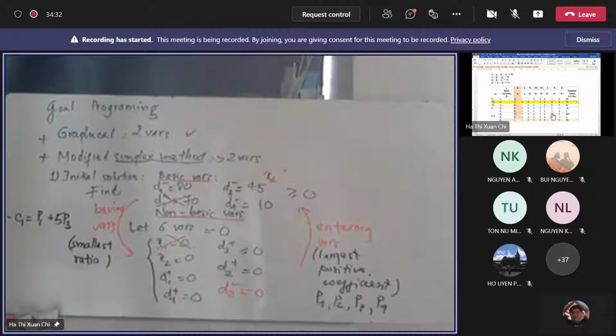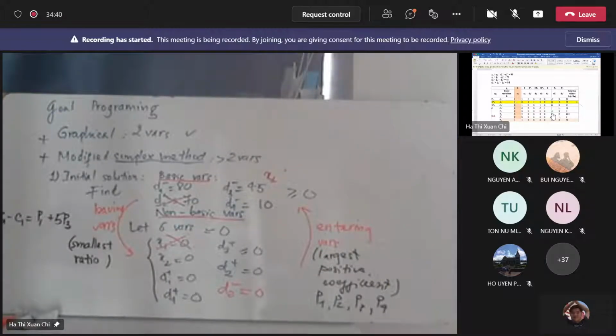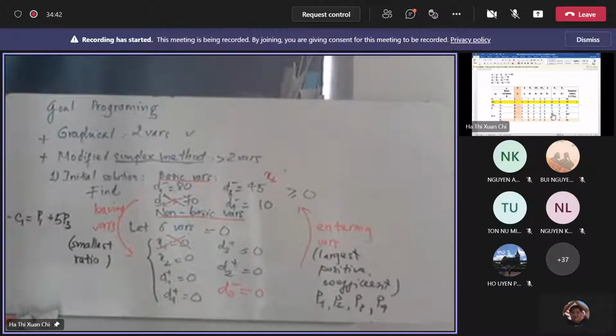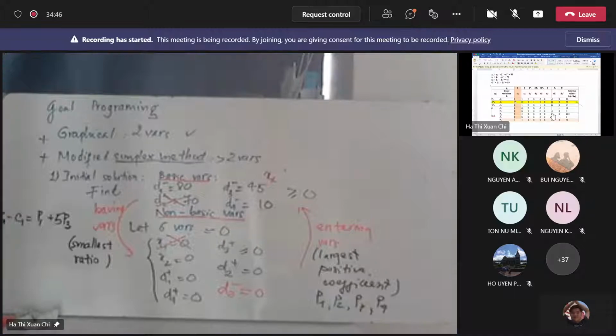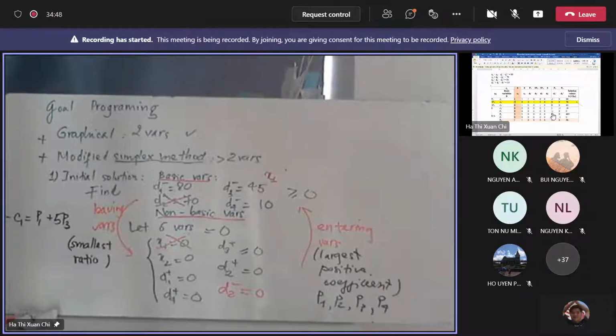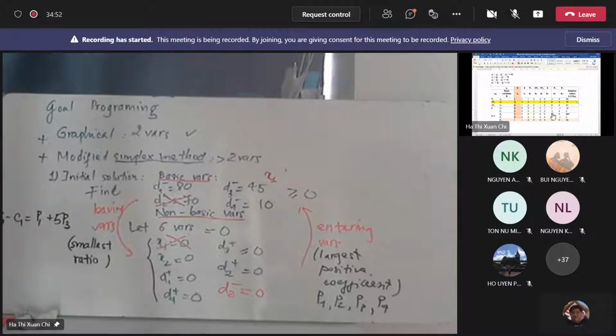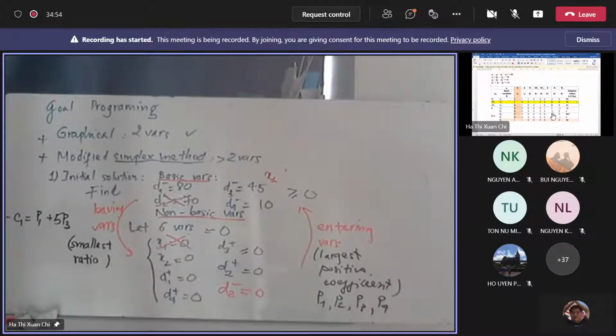Here, not 0. That one is not 0. So we should operate like the matrix. It means here is 1, so you must multiply the row with minus 5 and add it to this row.